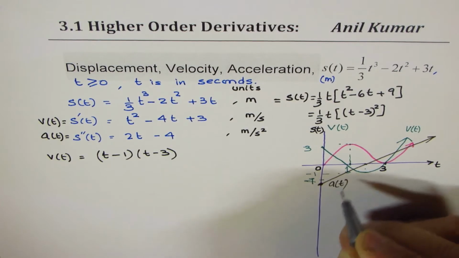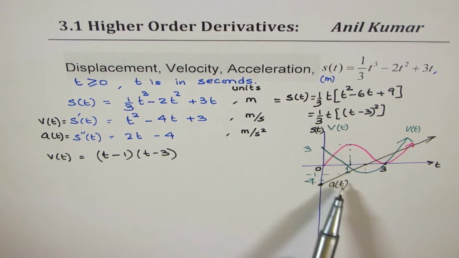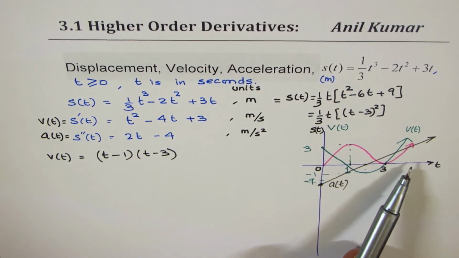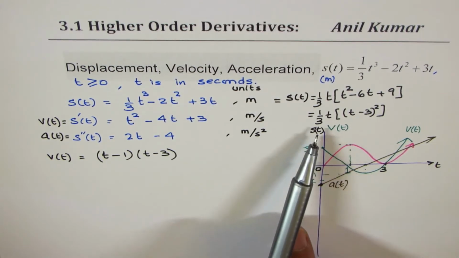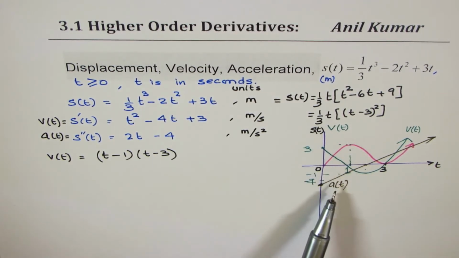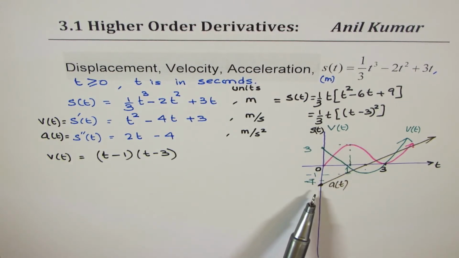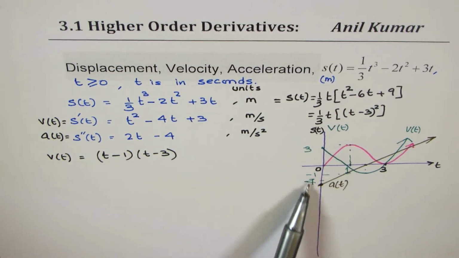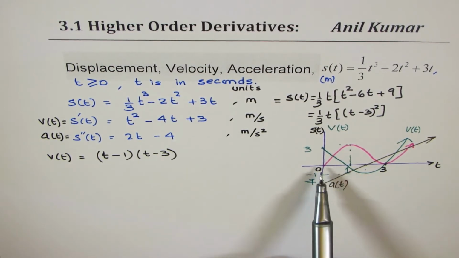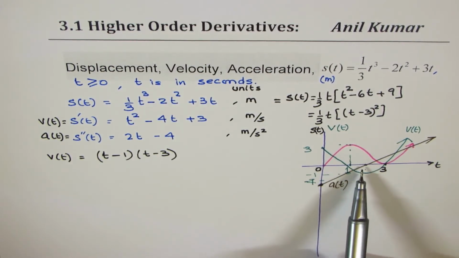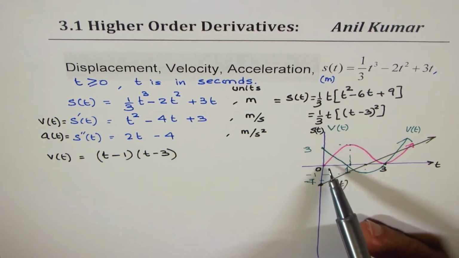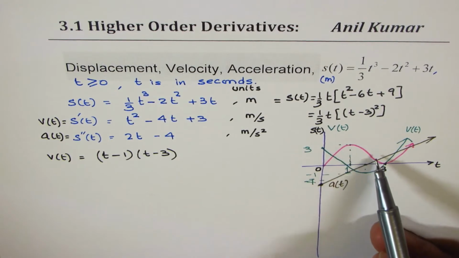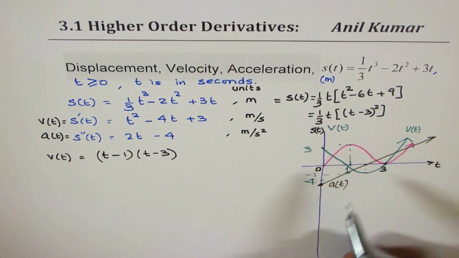Is it okay? So now we have all the three represented on one graph, and obviously the y-axis is different for all the three. Their plus and minus 3 or 4 values are not going to match. But with time, which is the same for all three, what we notice here is that the displacement increases, then decreases, and then increases, right?